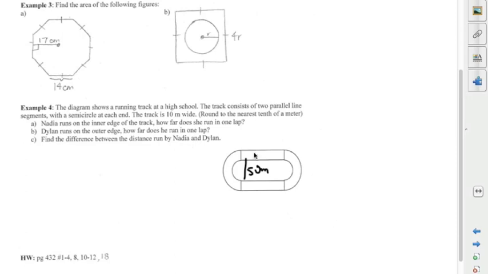This part here is not implied, I mean, sort of implied, but let's make it explicit. That's 100 meters, right? The straight edge of a track is 100 meters. I'm going to do it 100 meters downwards. That should give you that information. Answer that question.